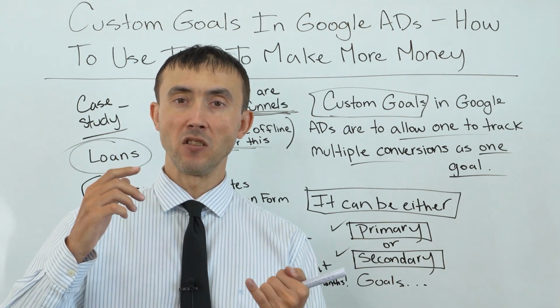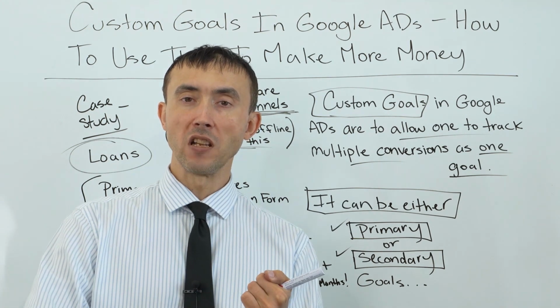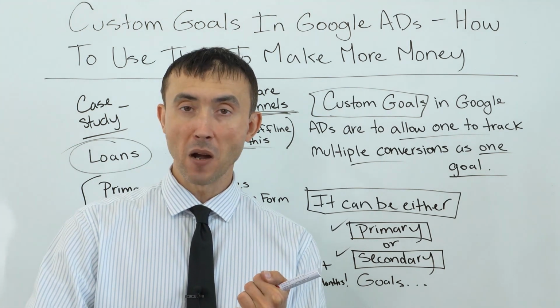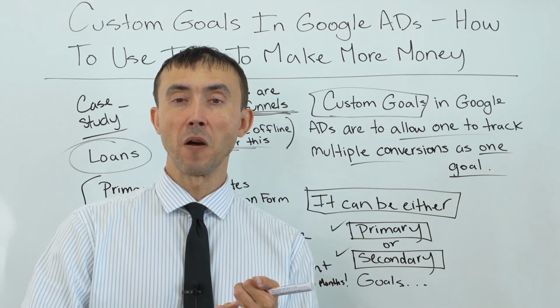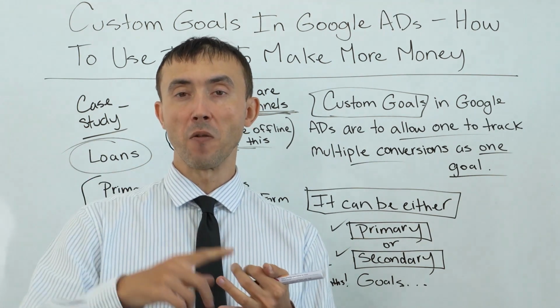Generally speaking, that means tracking the level or quality of lead that you need at a bare minimum, but more likely tracking the profit you're making from the people you're paying for from your ads.